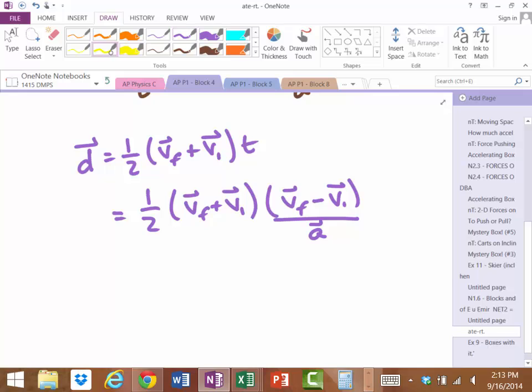So we're going to multiply two values together. For now, we're going to say 1. Well, I'm not going to leave the 1. Put this all over 2a. So when we do the difference of squares, what are we going to get?